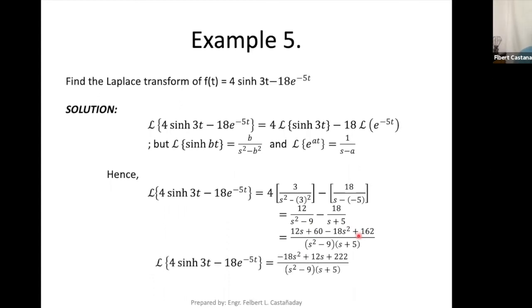And our final answer, you can copy this as is in factored form, or you can multiply them together. By arranging the s into the highest degree, minus 18s squared plus 12s, combining all the constants, 60 plus 162, that is 222, all over s squared minus 9 times s plus 5.